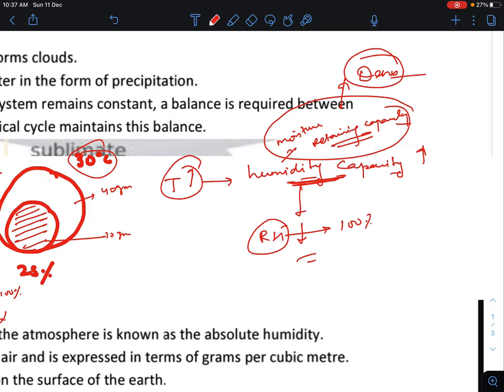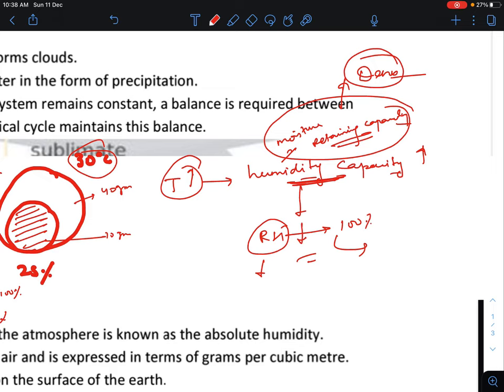What is saturated air? When the relative humidity is 100%, that means the air is saturated. And from here the condensation starts. And what is the dew point? The temperature at which air gets saturated is called the dew point.